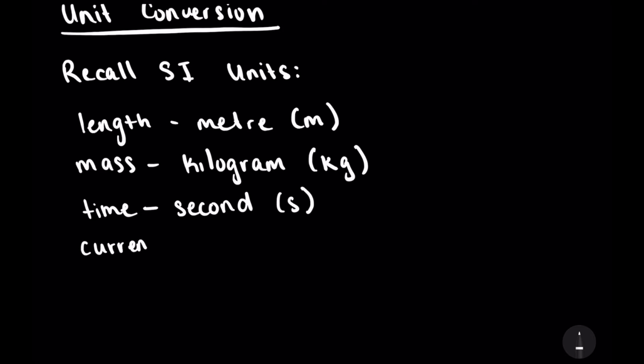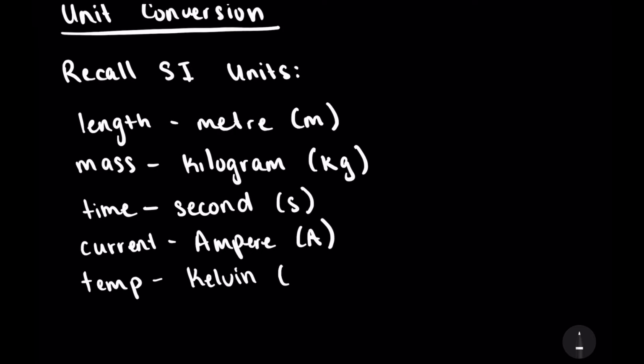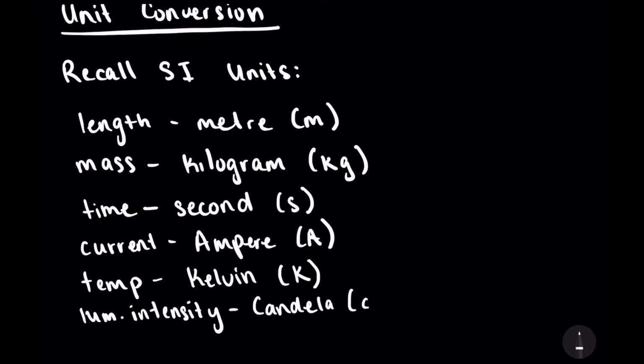If we have current, that is the ampere, and that's represented by A. If we have temperature, that's the Kelvin, and that's represented by K. And if we have luminous intensity, which we don't really get much into at this level, but it's important to know, it's the candela, and that's represented by cd.